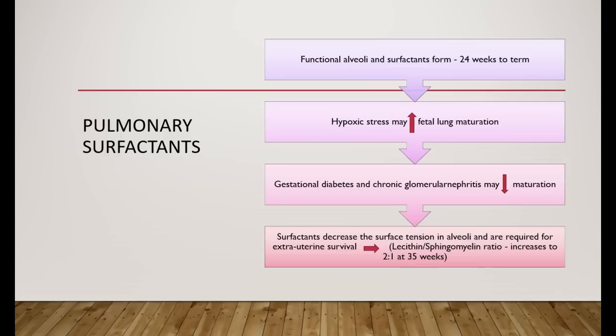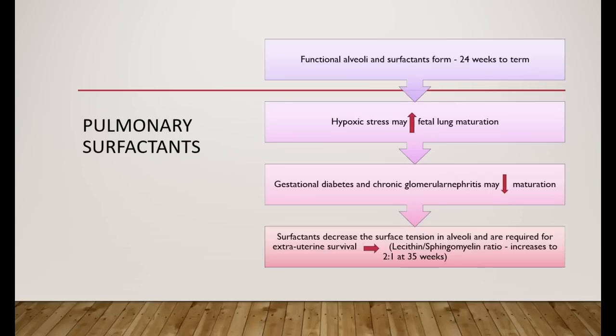So a kiddo that has been exposed to chronic hypoxic stress may have increased fetal lung maturation, where the kiddos that have gestational diabetes or have been insulted by mom's chronic glomerulonephritis may have decreased maturation of the lungs. So those kiddos are going to be more at risk for respiratory distress once they're born.